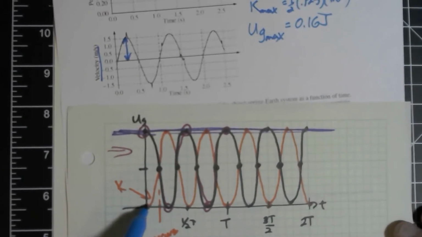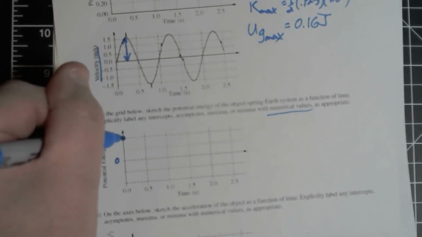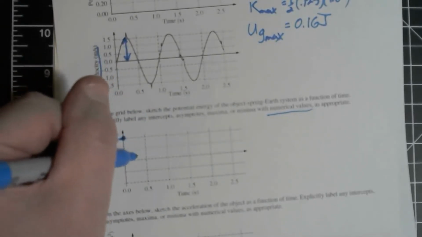So our potential energy is going to start at some high location right here, and then oscillate between that highest location and zero energy, because you can't have negative potential energy here, through every period.